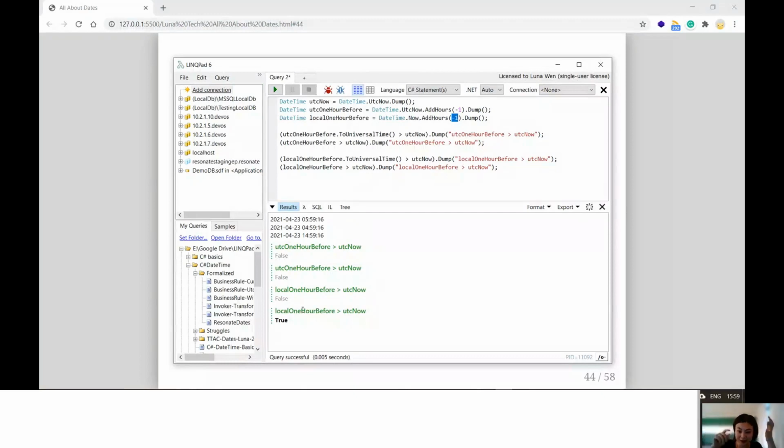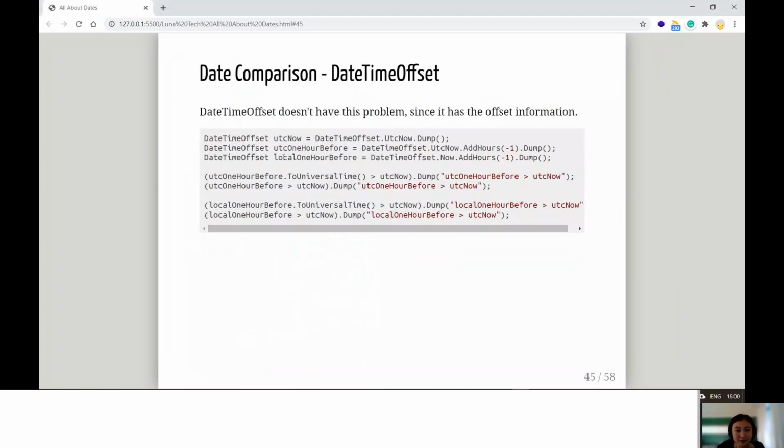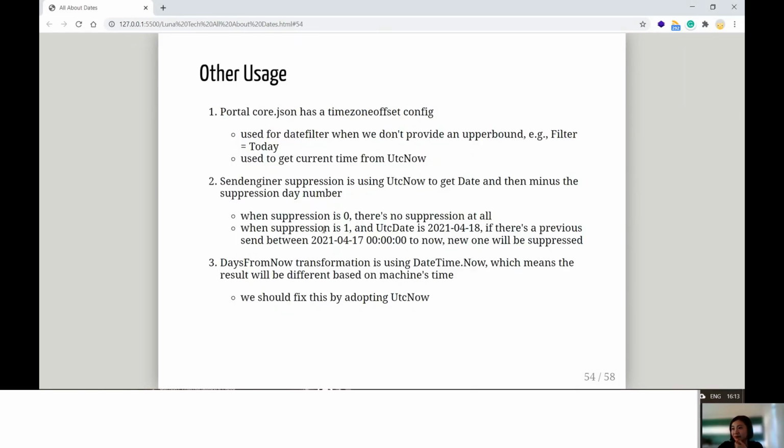Even if you subtract 1 hour, your local time cannot be after the UTC now, if that makes sense. So the time actually gets messed up because your local is in the future, basically. So don't compare 2 times in different time zones. Always convert them to the same time zone or always try to use UTC. And yeah, datetime offset is better. It's not what we would do in production, so it's not a very real test anyway.